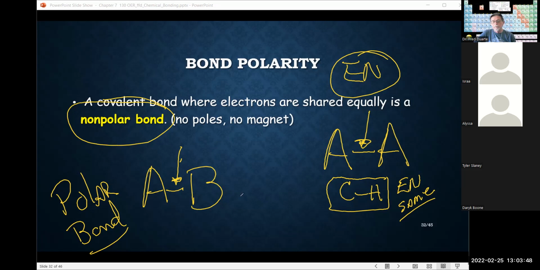Now we're going to be able to determine which one is pulling more, A or B, because if you recall from the electronegativity trend, here's a periodic table. Fluorine, which is right here roughly, is the most electronegative element. The trend was that from left to right, it increased, and from bottom to top, it increased.